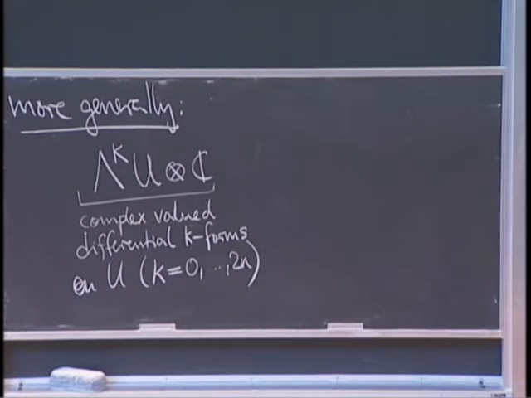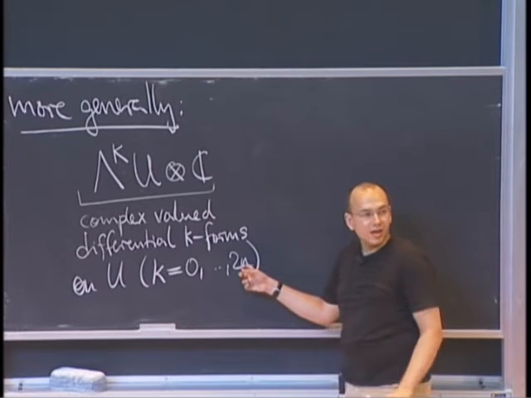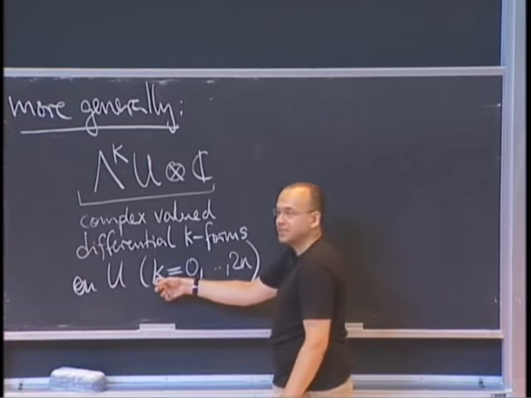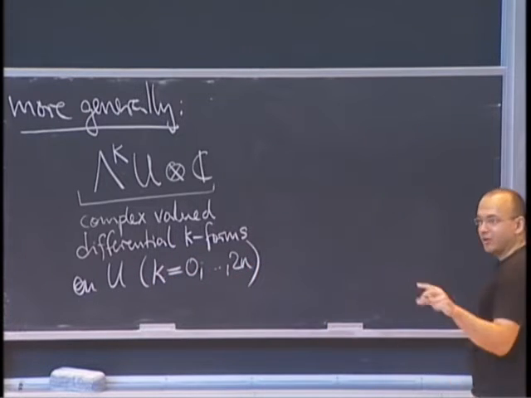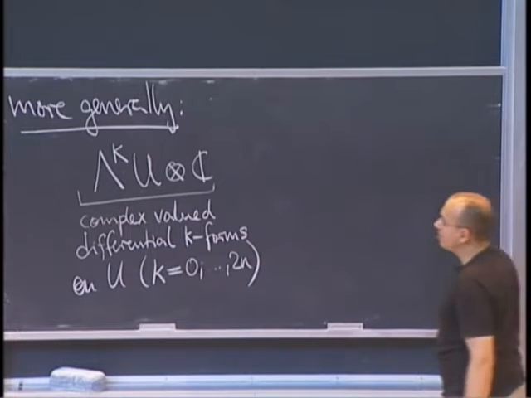Right, so U is a domain in Cn, and I just view that as a smooth manifold in the obvious way as an open subset of R2n. So the number of real variables is really 2n. So this means we have differential forms in all degrees k between 0 and 2n. But we're allowing them to have complex coefficients, so just formally.